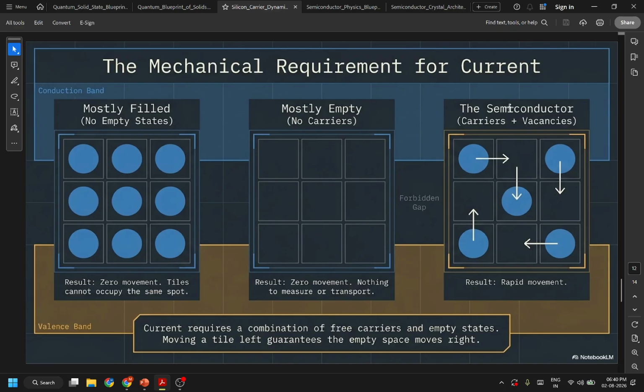But in a semiconductor, we have both carriers and vacancies. So we have partially filled states, which result in rapid movement. The current requires a combination of free carriers and empty states.